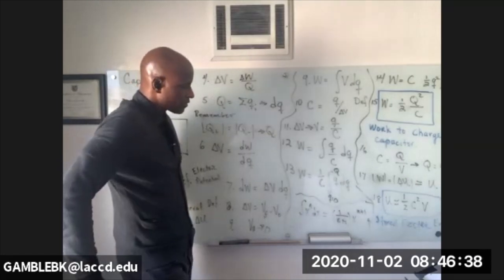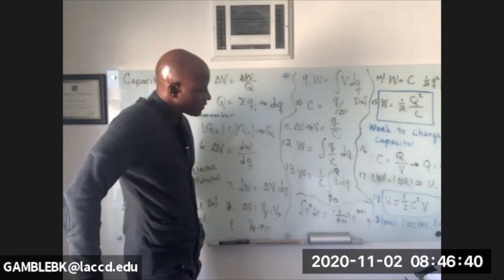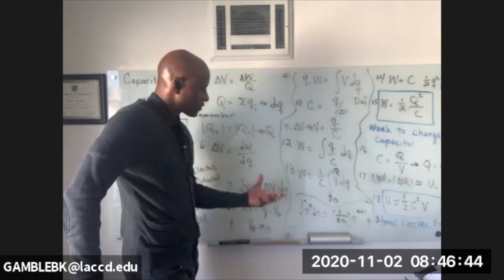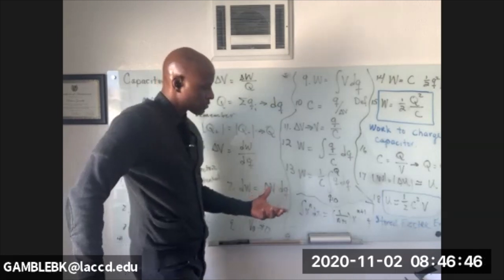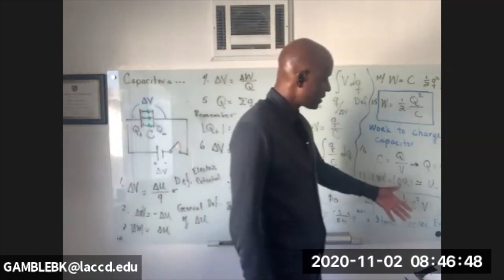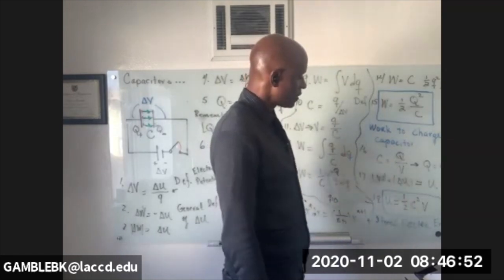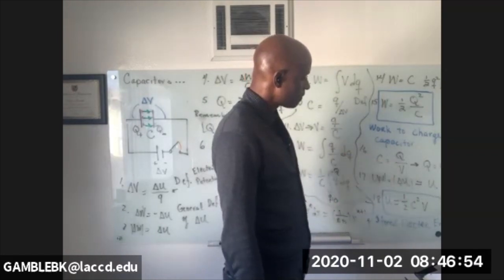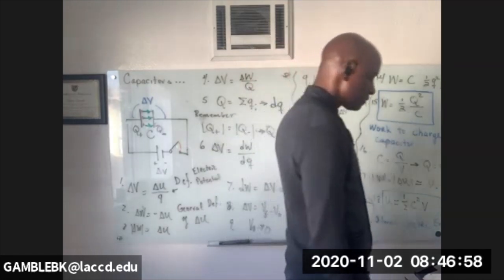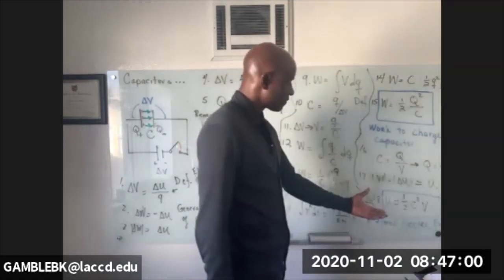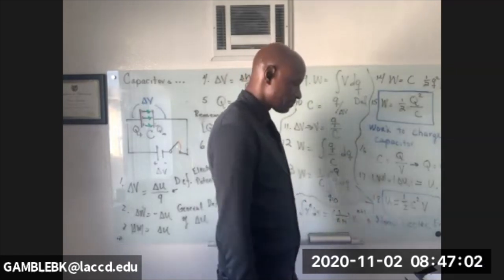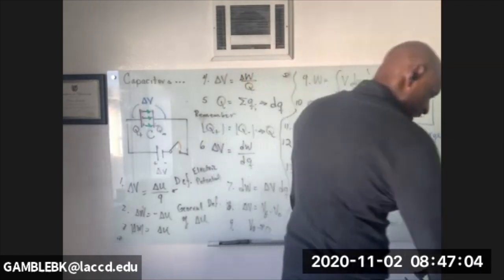And so one interpretation is that the stored internal energy is equal to the square of the capacitance times the average potential of the capacitor during the charging process. Yeah, so that's one way to think about that. And we've got one more version.